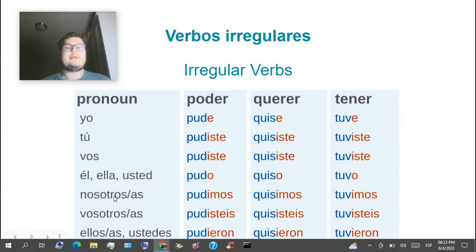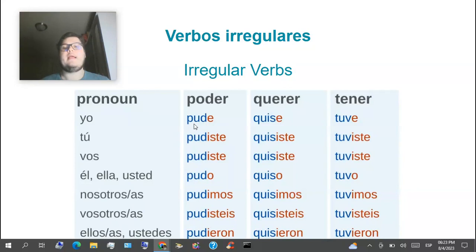Nosotros, nosotras pudimos. Vosotros, vosotras pudisteis. Ellos, ellas, ustedes pudieron. In this case, we are going to talk about I can, but in simple past, it's going to be I could. So that it means I could. I could go to the movie. Yo pude ir al cine.